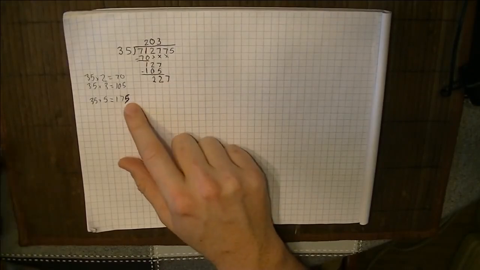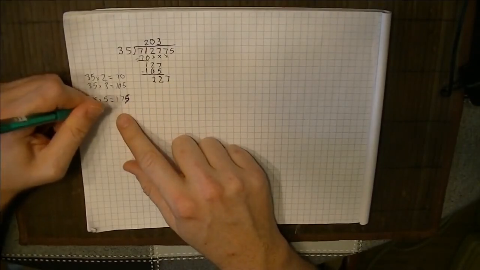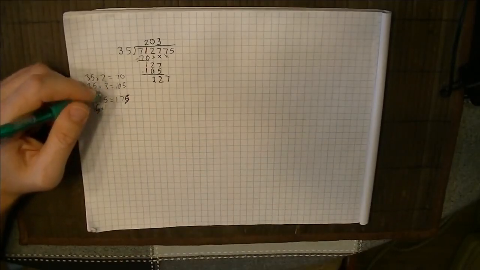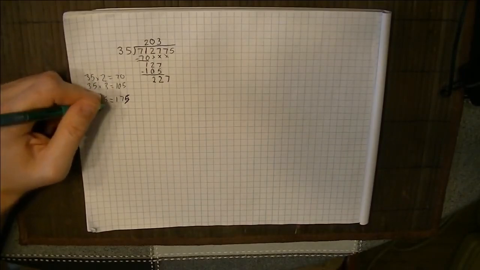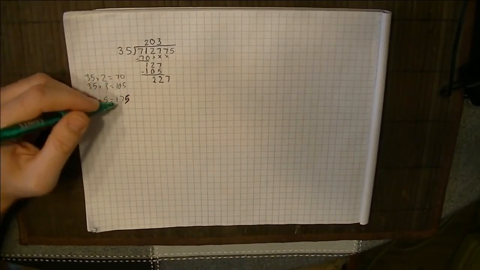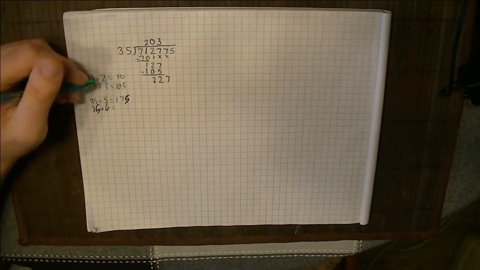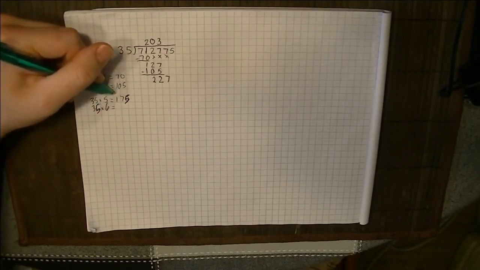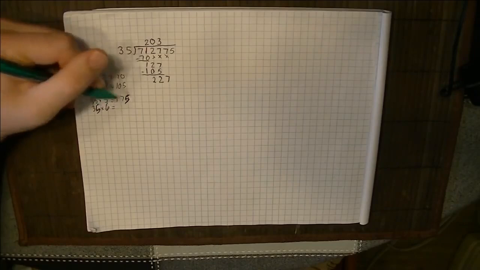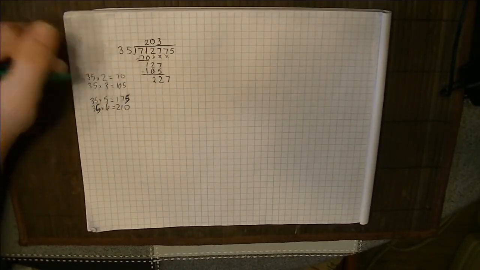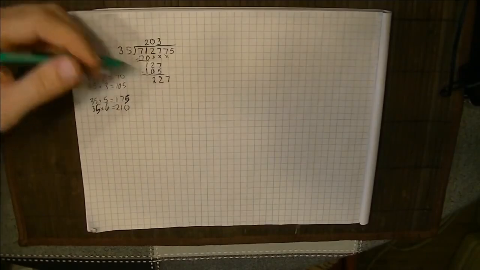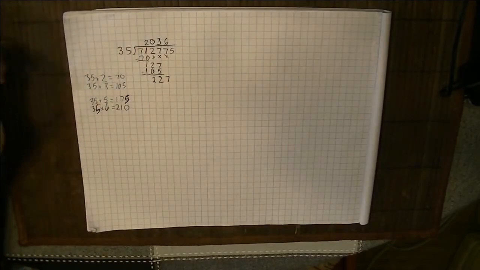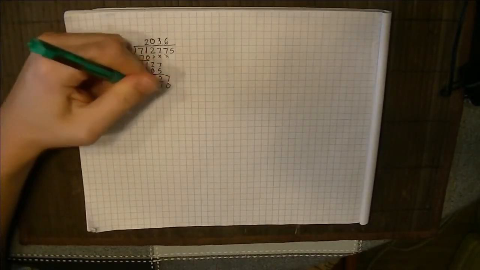Well, hang on, we can add another one. 35 times 6 would be just add 35 to this. So that would be, well, 170 plus 30 is 200, so that's 205, but then plus 5, so that's 210, and that brings us within 35. So 6 is the answer that I'm looking for. 6 times 35 is 210.